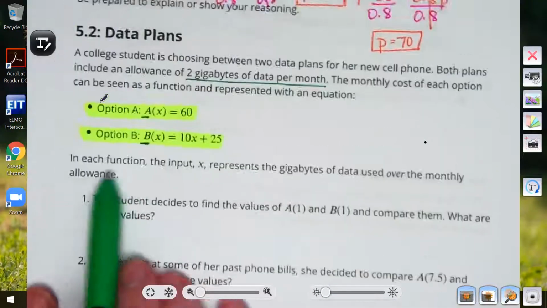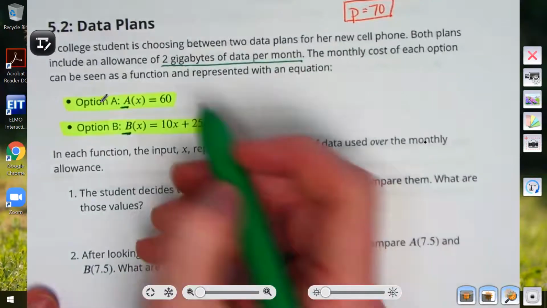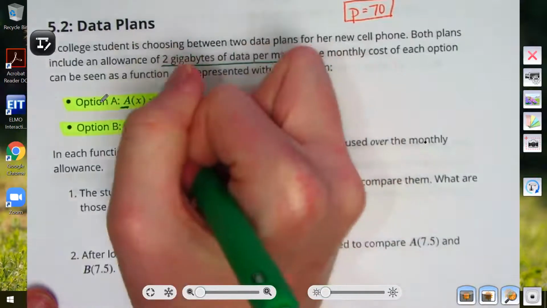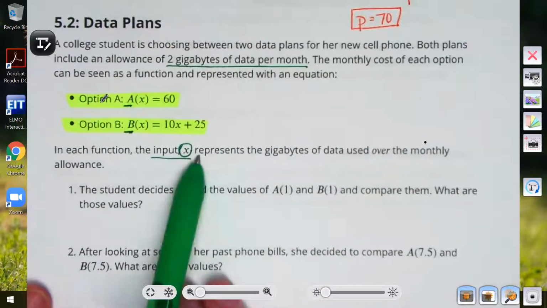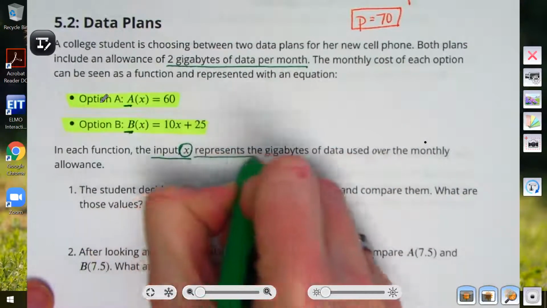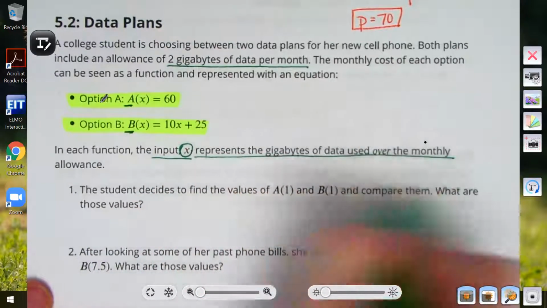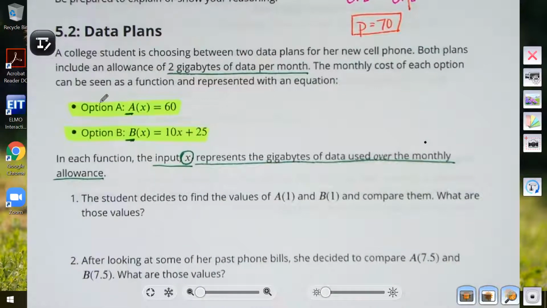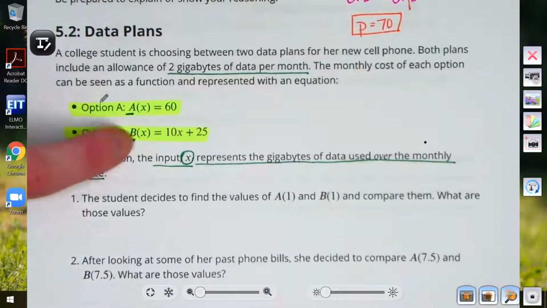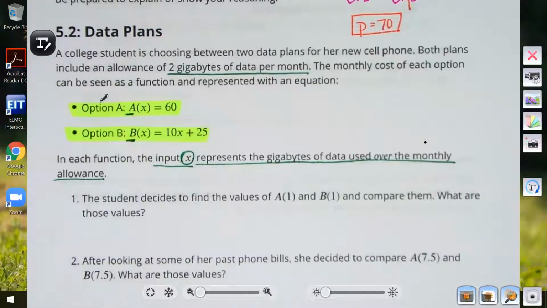It says in each function, the input X, that's the number that's inside of our parentheses, represents the gigabytes of data used over the monthly allowance. Okay, so if they go over that 2 gigs, that's what this input represents. Okay, so if the input was 1, how many gigs did they use that month?